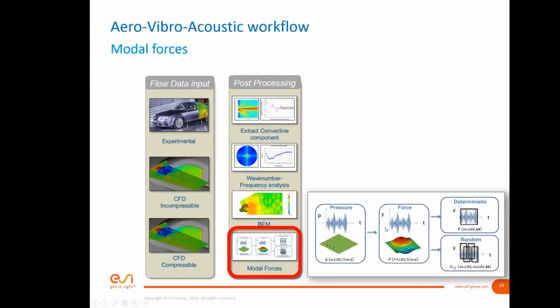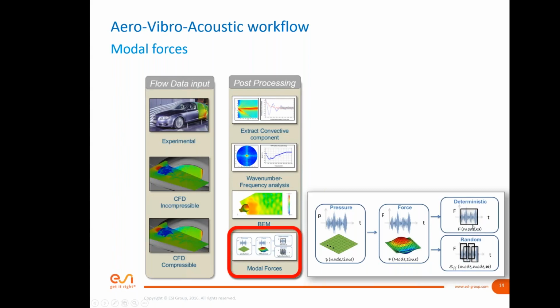And last one, if you take the pressure that comes from the fluctuating surface pressure, you can project it to the modes in two ways. Deterministic way, you take all the signal and project it on the modes.